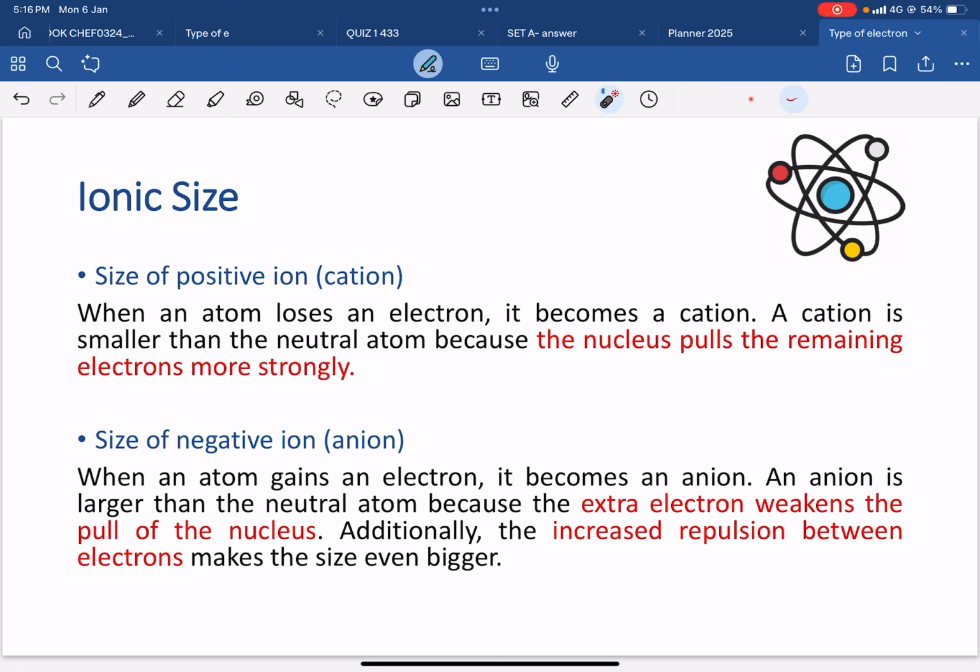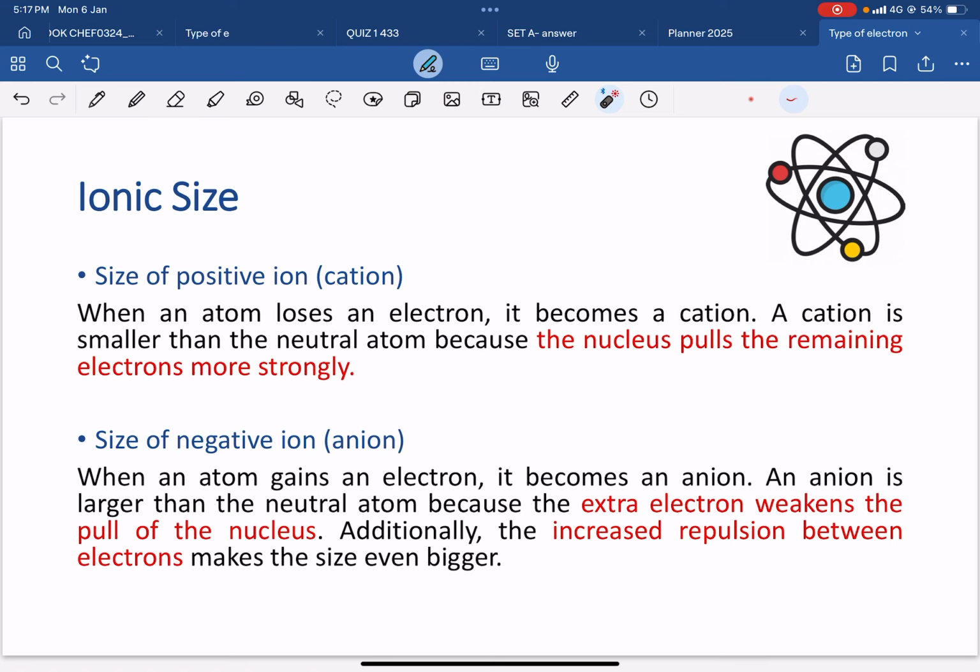On the opposite side, when we have an anion, we add more electron, right? When we add more electron, okay, so the size will be bigger. So why is that so? Okay, macam tadi, let's say we have 12 proton, and then we add another 2 electron. Okay, 12 electron plus another 2 become 14 electron.